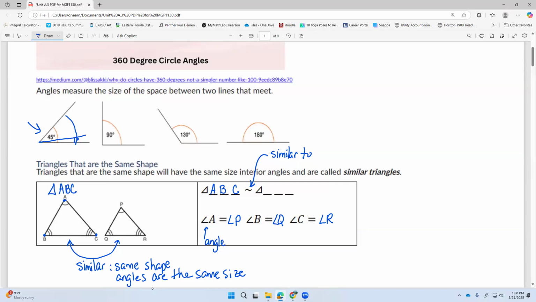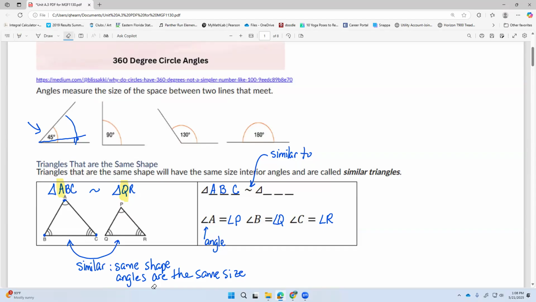For example, this triangle could be called QRP, but it would be wrong to say that triangle ABC is similar to triangle QRP because that implies that the first letter, which represents angle A, has the same angle measure as the angle that comes first in the other one, which is angle Q. And A and Q are not the same.